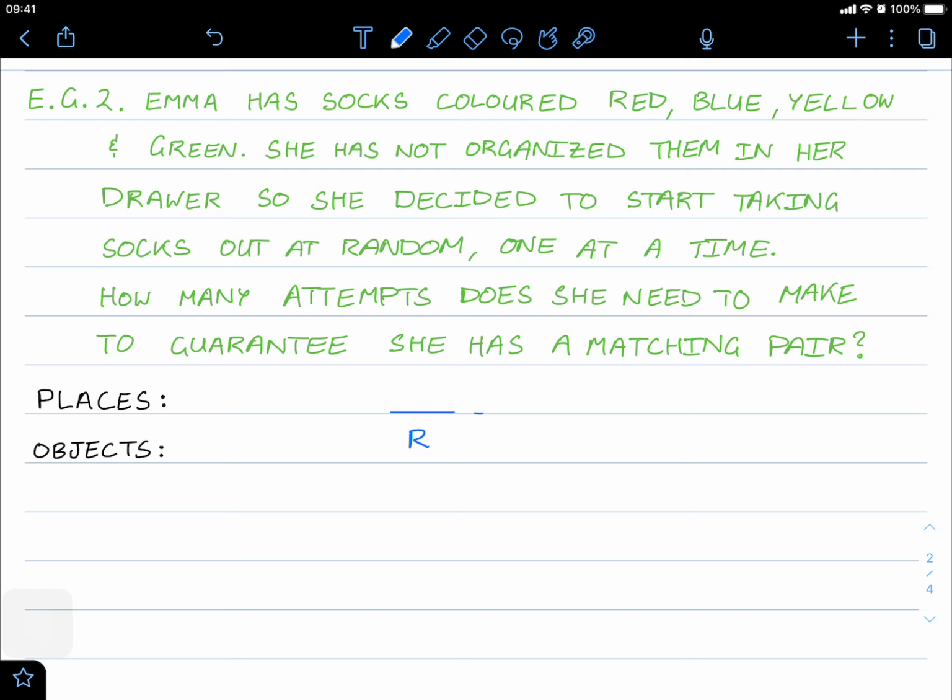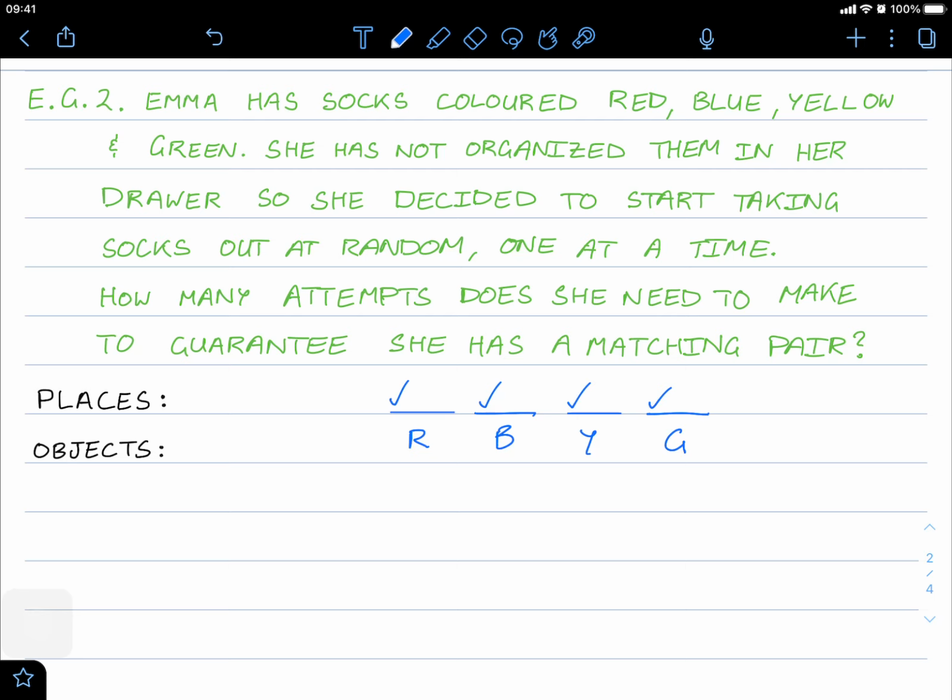Red, blue, yellow, and green. In her first attempt, she could get red. In her next attempt, she could get blue. In her next attempt, she could get green. And in her next attempt, she could get yellow.